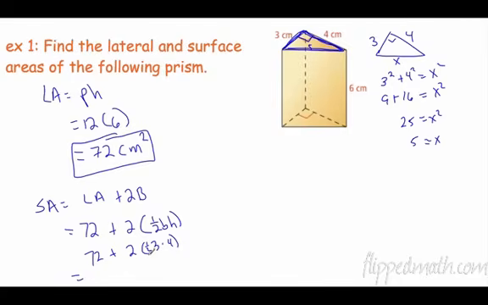Nice thing about this, 2 times 1/2, that's just gone. 3 times 4 is 12. 72 plus 12 is 84 centimeters squared. So that right there, now we have found the lateral area and the surface area of a prism.